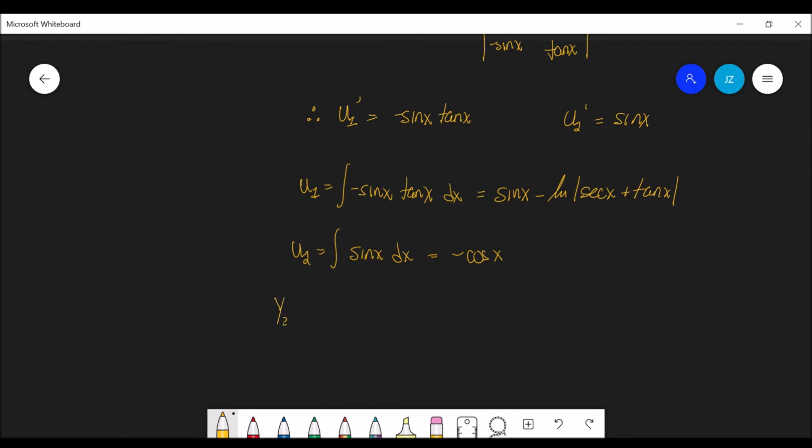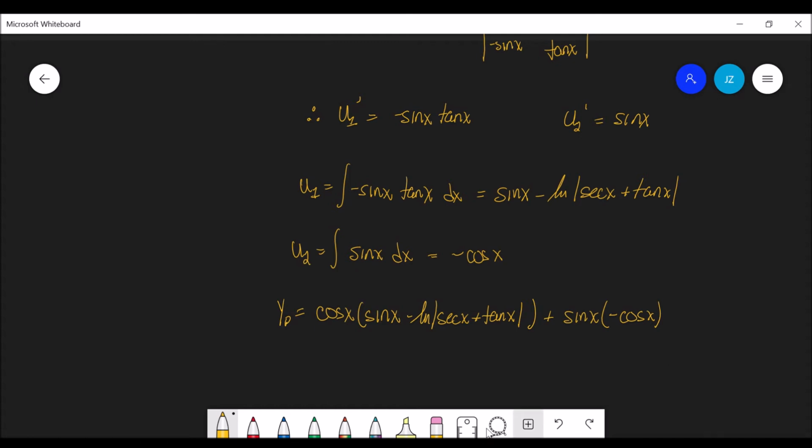This means that yp is y1 times u1 plus y2 times u2.